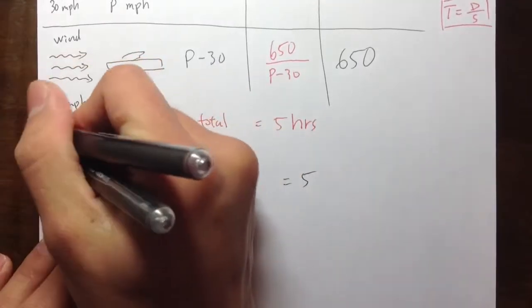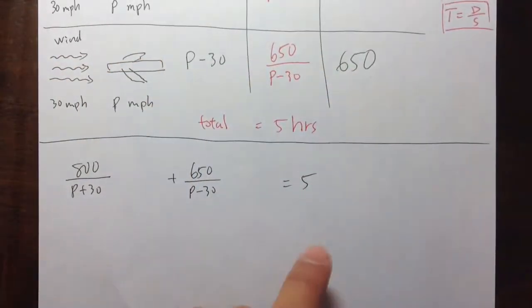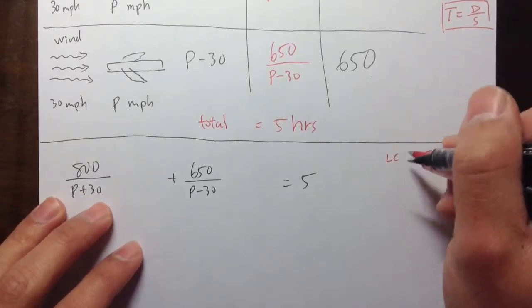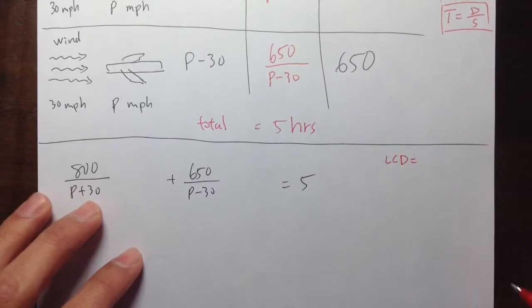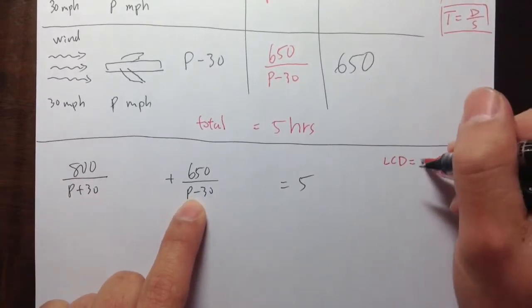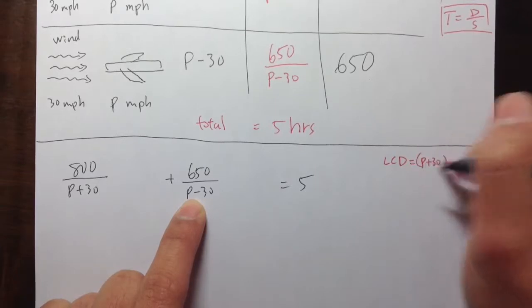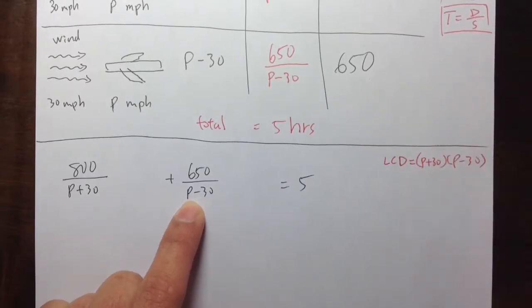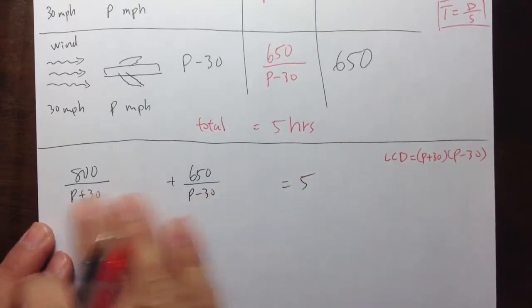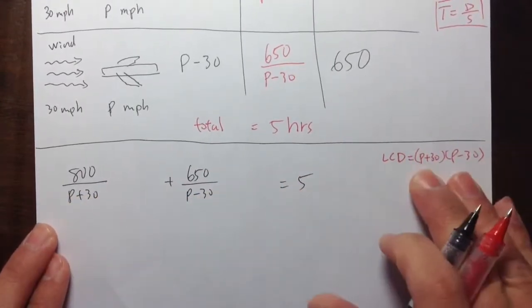Okay, so we just need to solve this rational equation. The key to solving this is to determine what the LCD is first, the lowest common multiple of the denominators, which is p plus 30 times p minus 30. And once we have the lowest common denominator, I need to multiply everything by this.